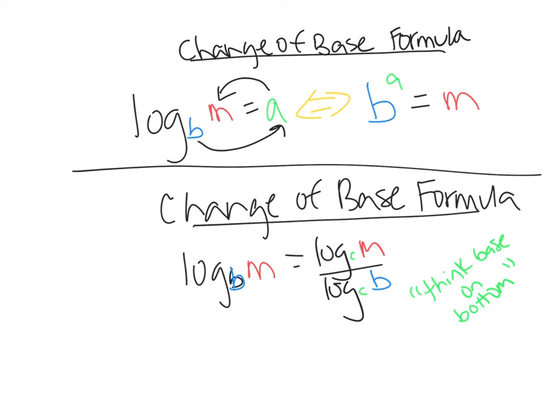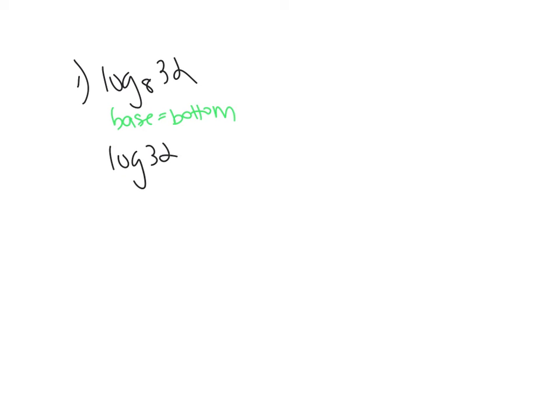So let's do some examples of this. How do we use change of base to evaluate log base 8 of 32? Well, all you got to remember is base on bottom. So we're going to write it as log of 32 divided by log of 8.